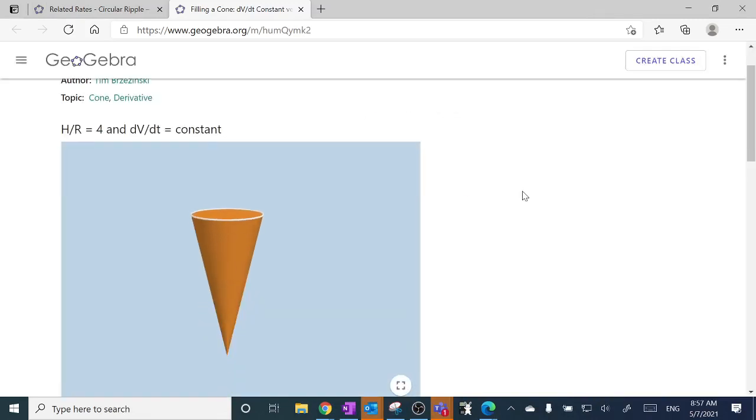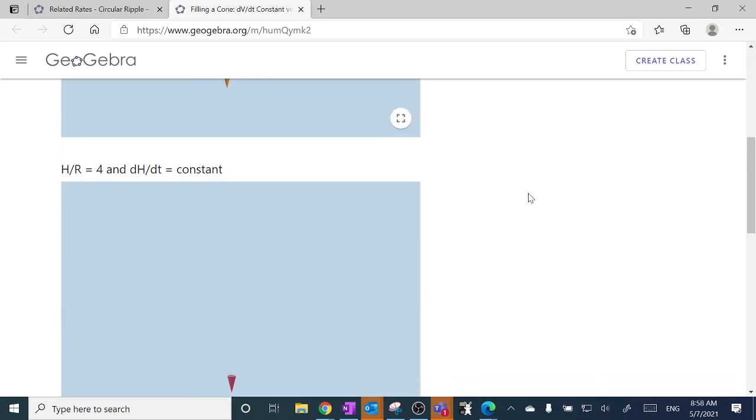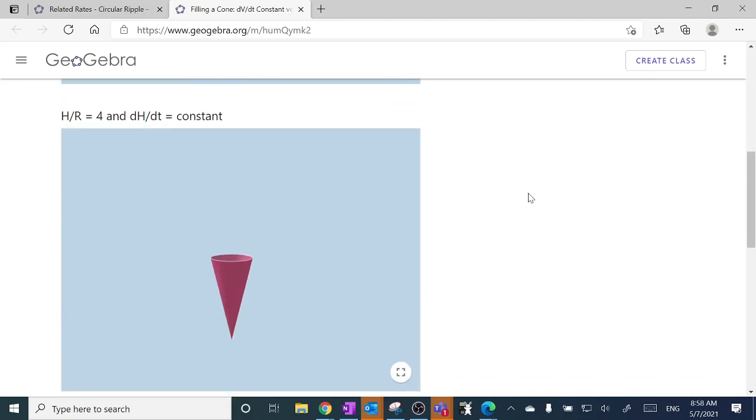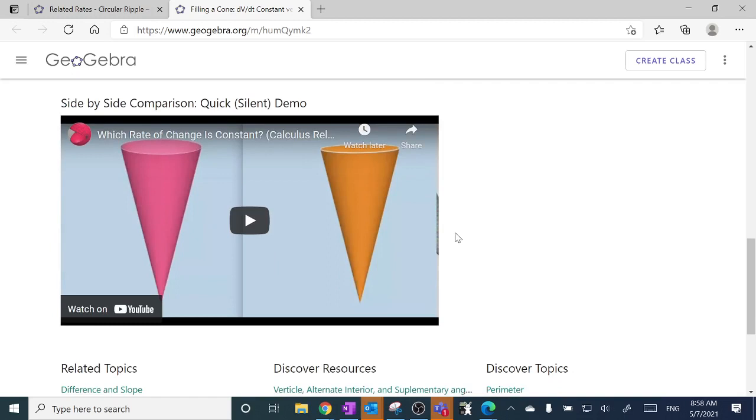First of all, here's the change in the cone if the change in volume is a constant, which is what we have, right? Change in volume is constant. And here's what it would look like if the height was changing at a constant rate. And you could compare those two side by side here.